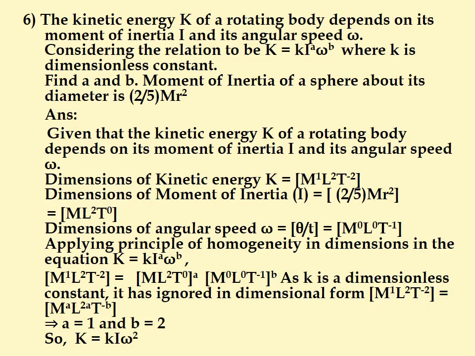By applying the principle of homogeneity of dimensions in the equation K is equal to k I to the power of a omega to the power of b, we get the dimension of LHS, which is dimension of M to the power of 1, L to the power of 2, T to the power of minus 2, is equal to dimension of RHS, which is dimension of M, L to the power of 2, T to the power of 0, whole raised to a, into dimension of M to the power of 0, L to the power of 0, T to the power of minus 1, whole raised to b.